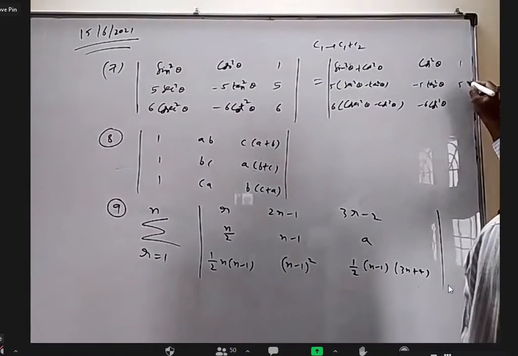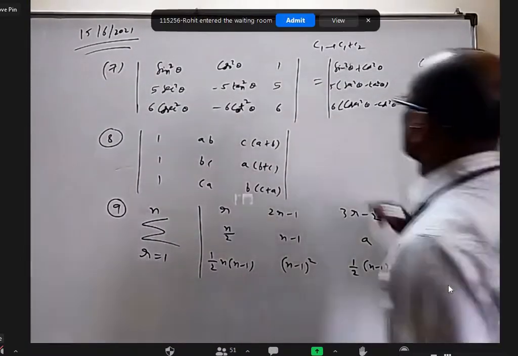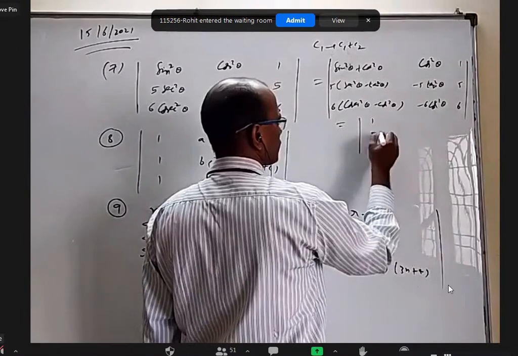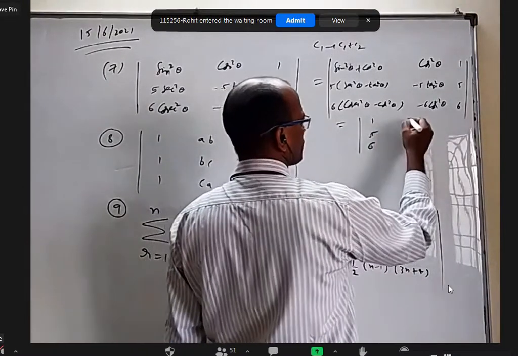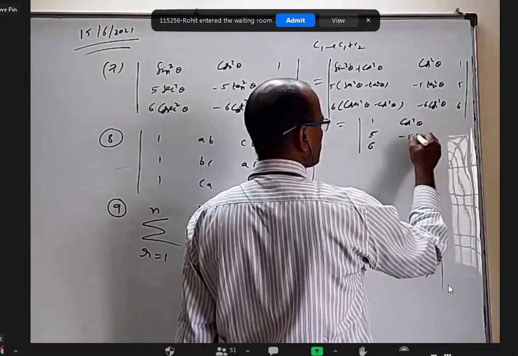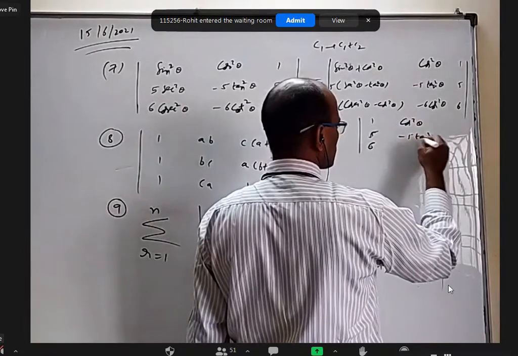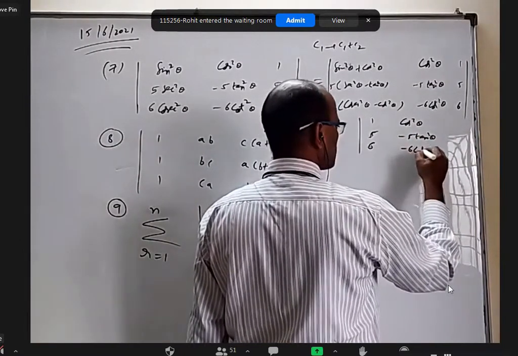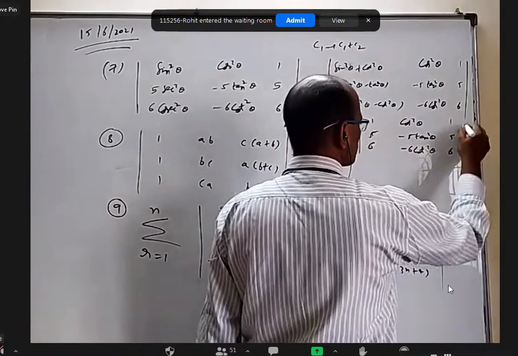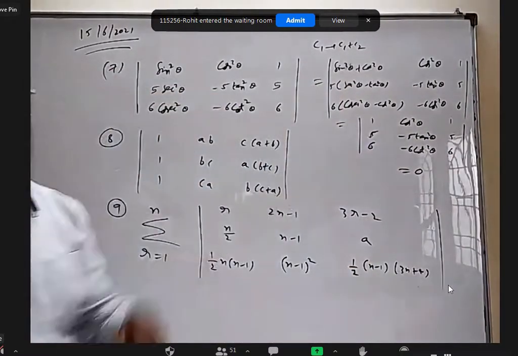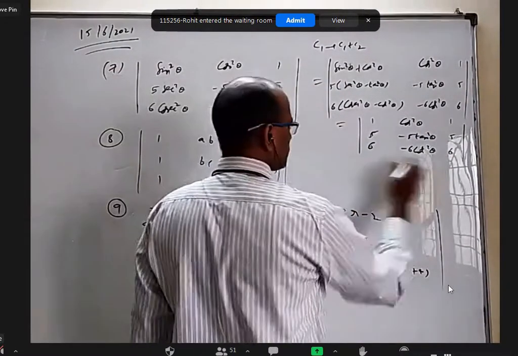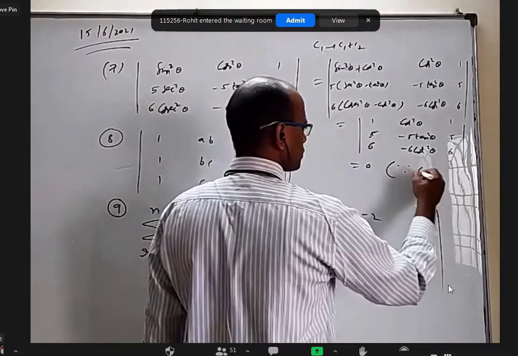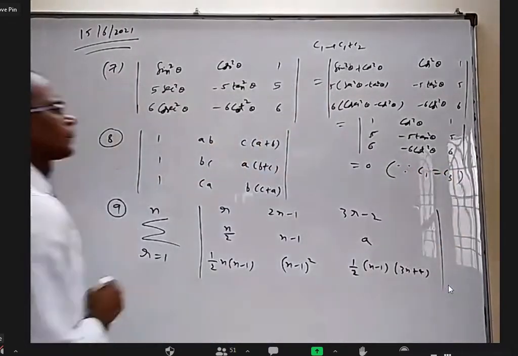Here it is 1, 5, 6. Now the first column is 1, 5, 6. The second column is the same, cos square theta, minus 5 tan square theta, minus 6 cot square theta, and 1, 5, 6. Because two columns are the same, it is 0. This is 0 since column 1 equals column 2.